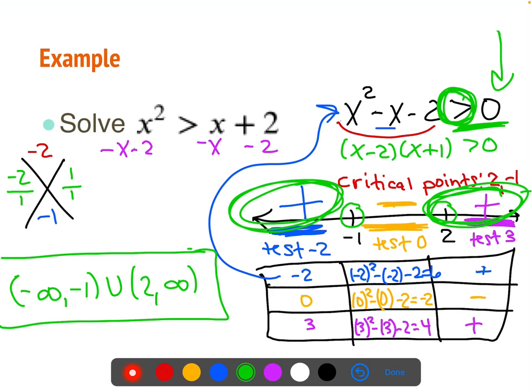Then after I do that, I factor it to find the x-intercepts or the critical points, put them on a number line to break it into regions, test a value from each of those areas, find out if it's a positive answer or a negative answer, and then if I'm looking for a positive answer, then I write down all the regions that are positive. If I'm looking for a negative, like a less than, then I find all the regions that are negative. Now you get to go practice this.